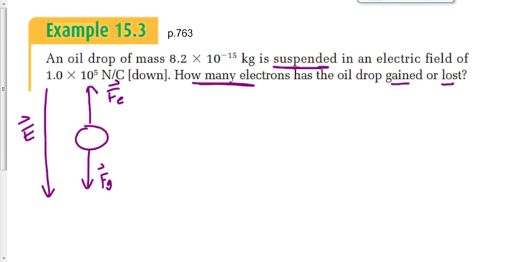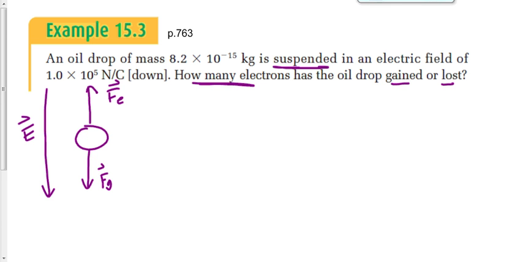Think back to your electricity unit. If you have an upward force in a downward field, what kind of particle is it, positive or negative? Negative, good. Christian, if I had a positive particle in a downward field, the force would be downward. A negative particle experiences an electric force opposite to the field.